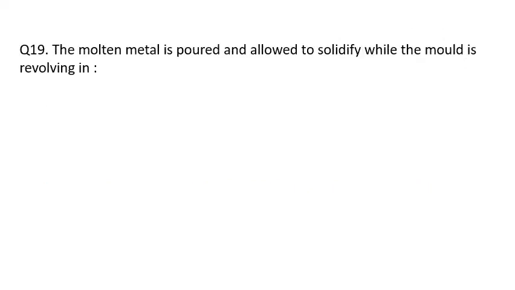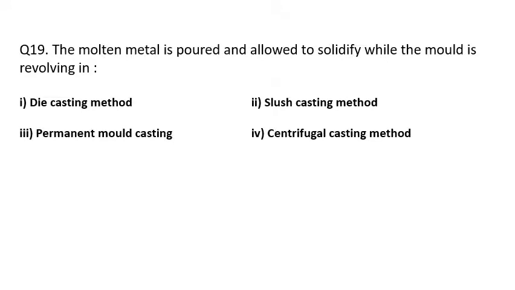Question number 19. The molten metal is poured and allowed to solidify while the mold is revolving in option 1 die casting method, option 2 slush casting method, option 3 permanent mold casting, and option 4 centrifugal casting method.